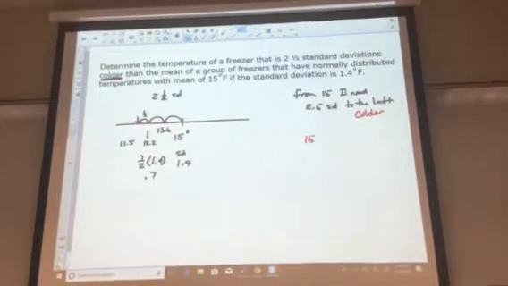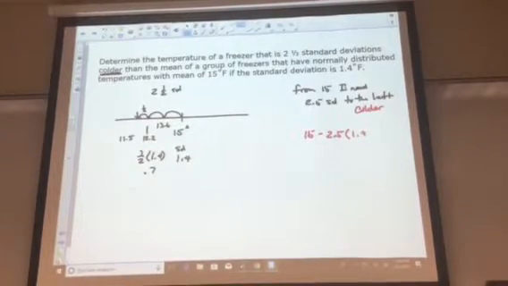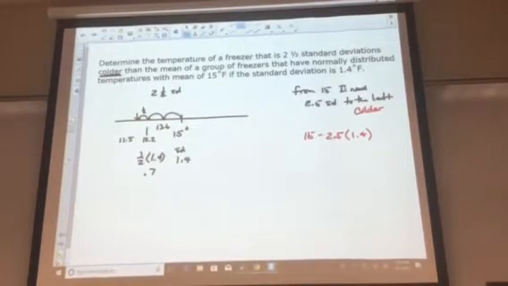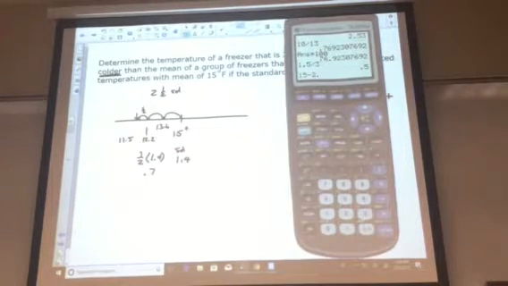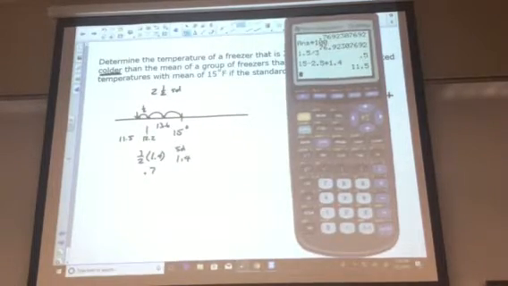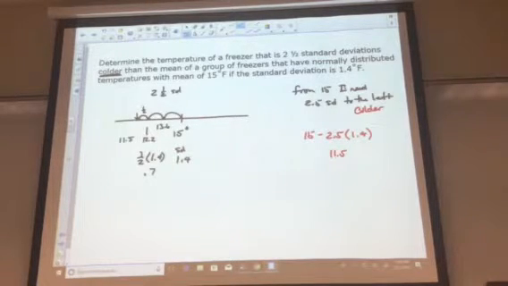So 15 minus 2.5 increments of 1.4, calculator based, takes me to exactly the same 11.5. You have choices. Doesn't make a difference.